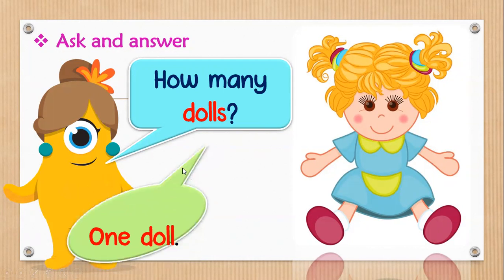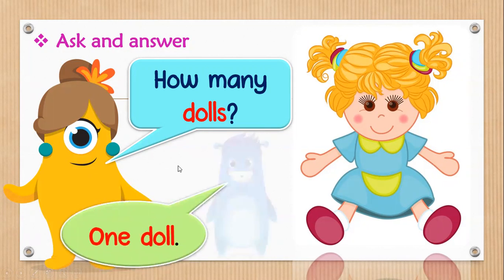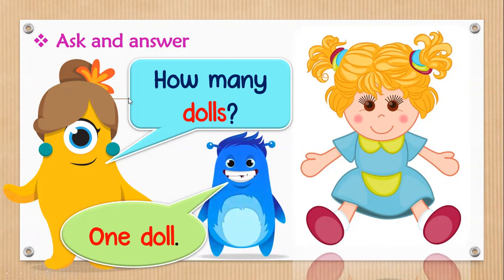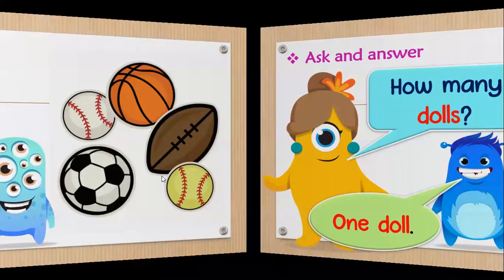And you can see here in this answer, we are using the singular because we can't say 1 dolls. It's incorrect because in this picture there is only one doll, but in the question we use the plural. Remember that, please. How many dolls? 1 doll.